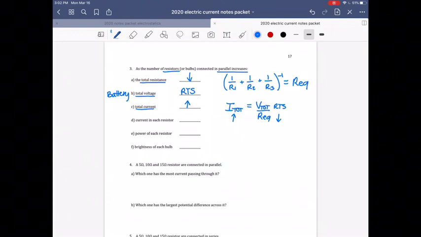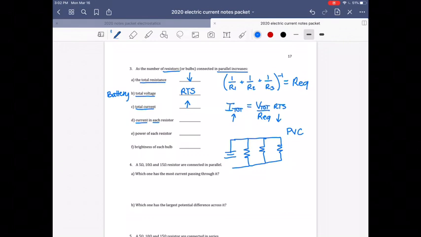Okay, let's think about the current across each resistor. All right, if you think about those branches in parallel, we have those junction points. And I told you that little thing about parallel circuits, parallel PVC, voltage remains constant.